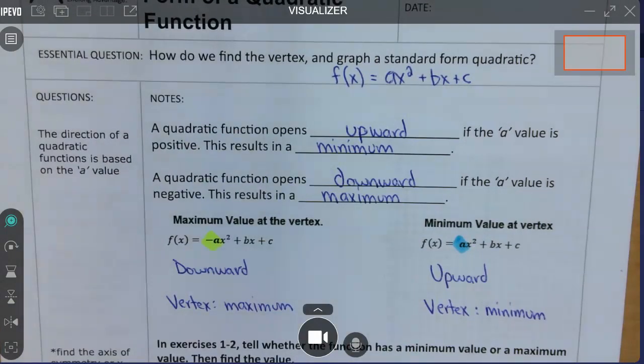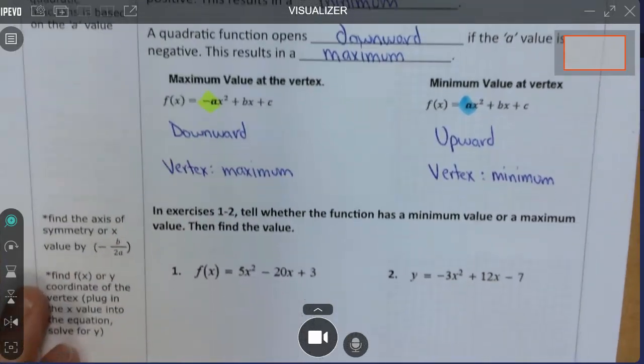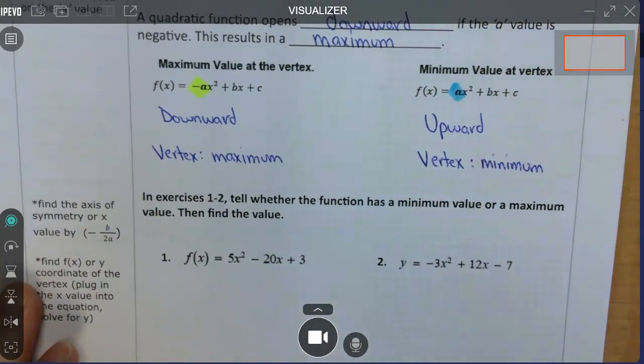And so one of the first things we can do is decide, okay, I'm looking at a quadratic function. I know right away if it's opening upward or downward. And then my next step after that is I want to know where the vertex is, which will also help me know where I can draw the axis of symmetry. And so as we look at these next two examples here, we're not going to graph these.